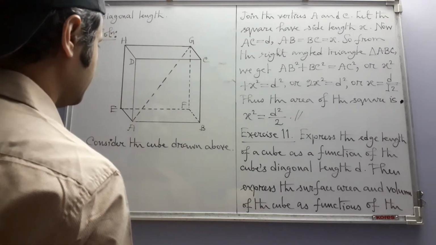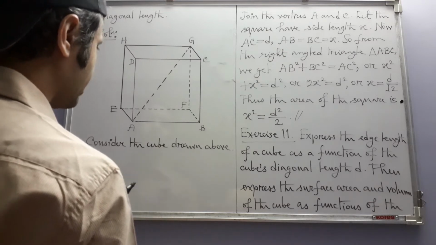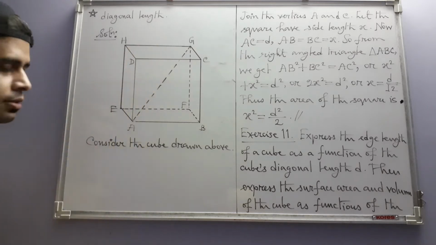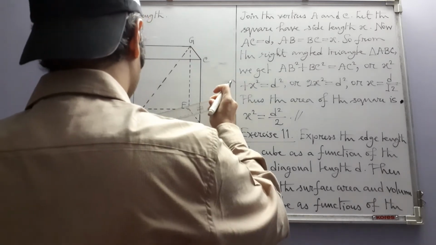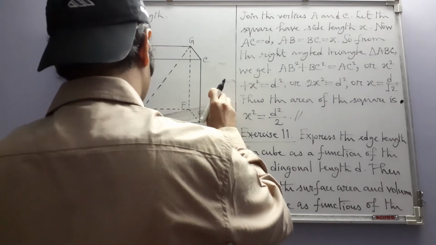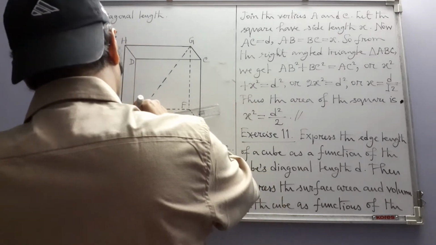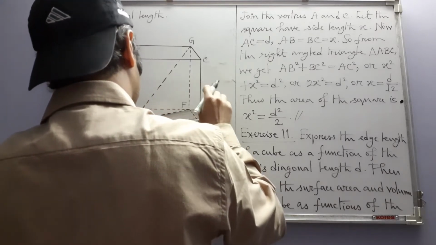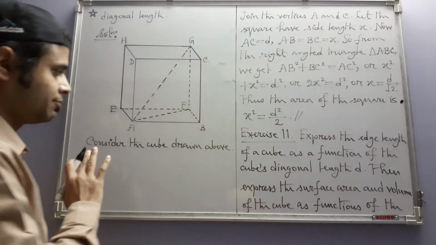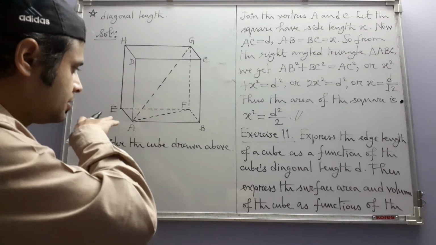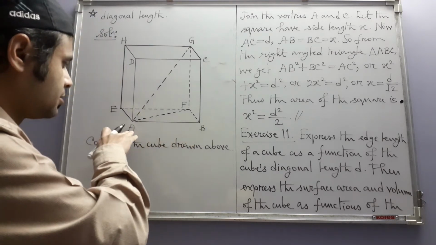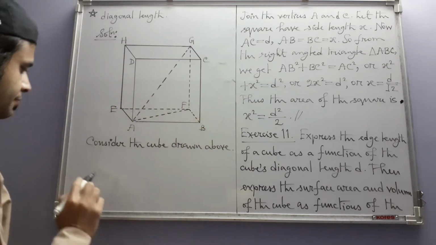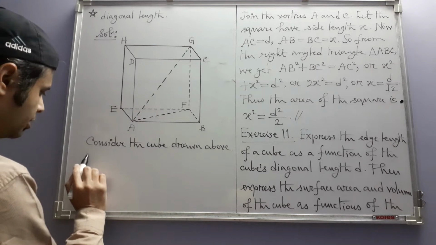So this is a diagonal, but its length cannot be immediately understood just by joining A and G. We also need to join A and F. This line segment AF is not a diagonal of the cube, but it's a diagonal of the square face, that is the bottom face ABFE.